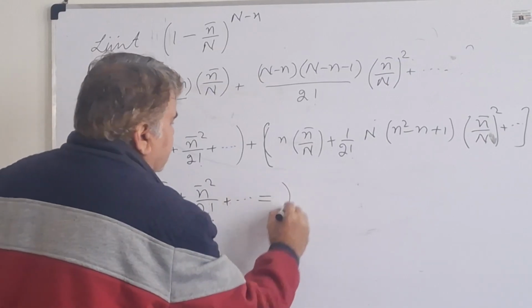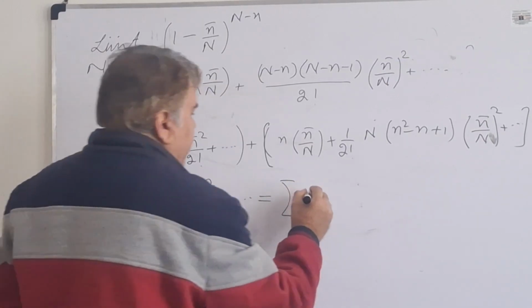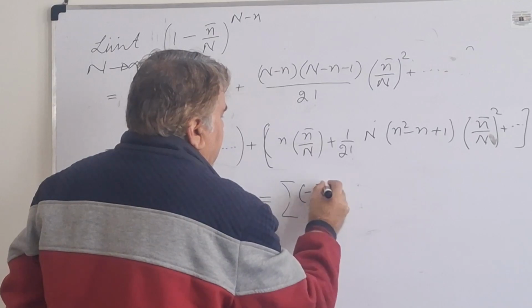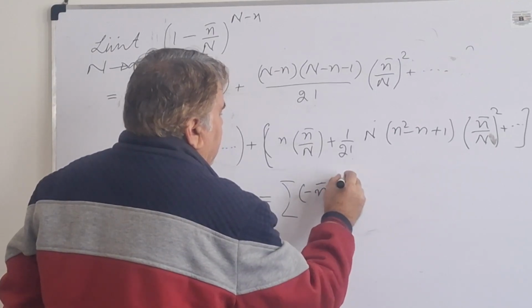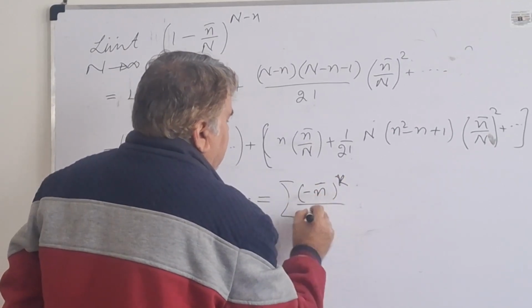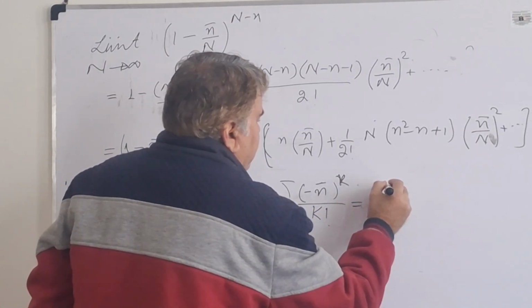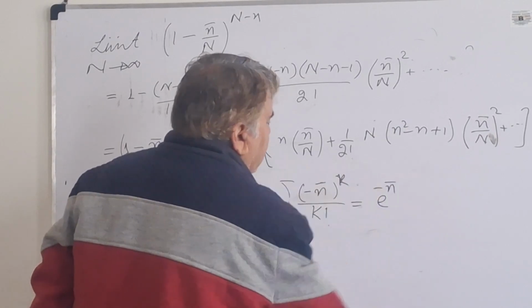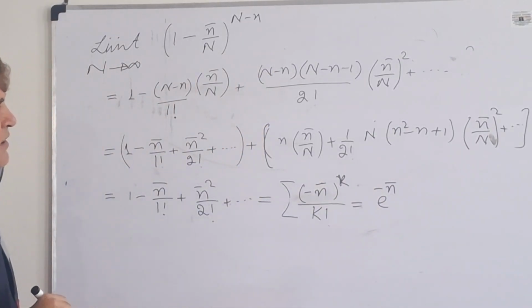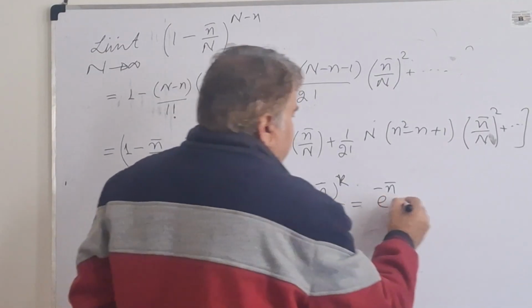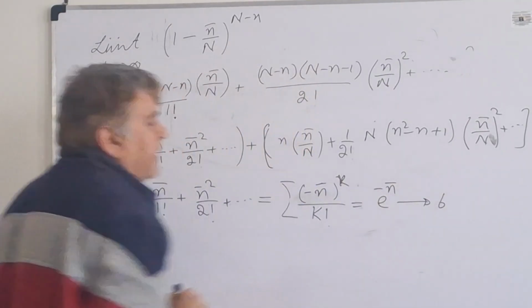And this in fact is the sum of minus n bar to the power k divided by k factorial, which is in fact the exponent of minus n bar. So I call this equation 6.